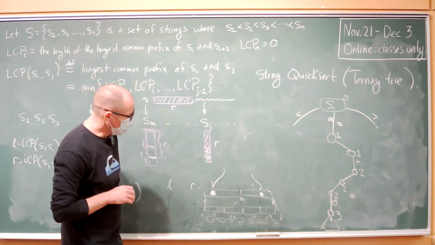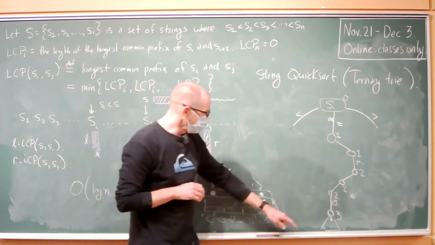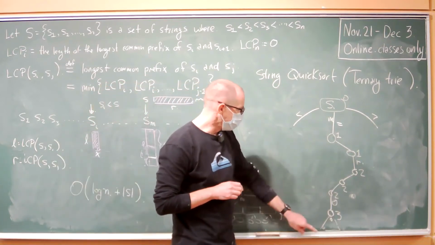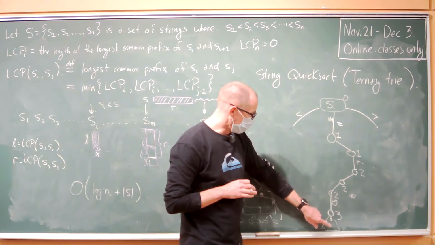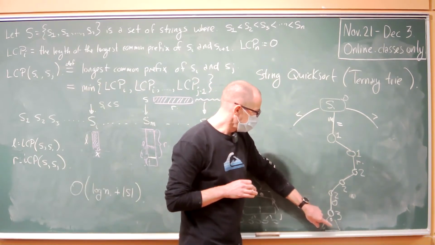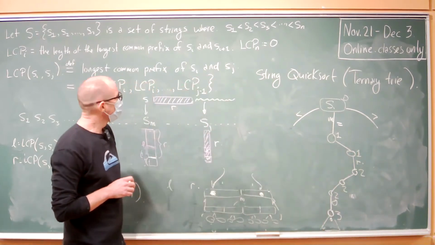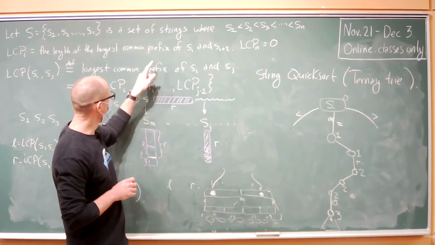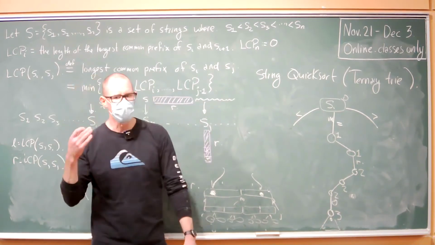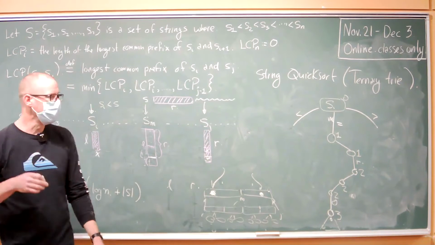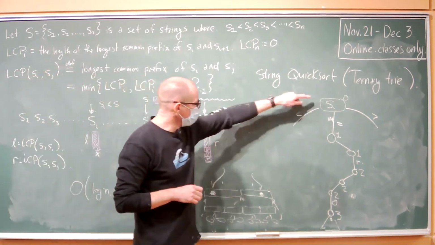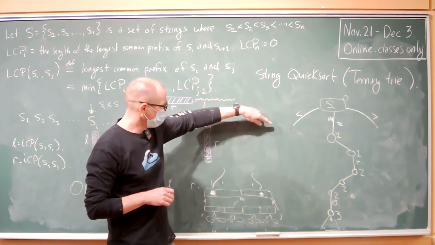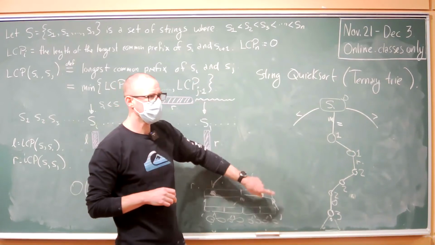All right. So that means any two strings in this subtree have an LCP which is at least 3. And to get this sequence of always the LCP between Si and Si plus 1, you can do that just by doing an in-order traversal of this tree, right?